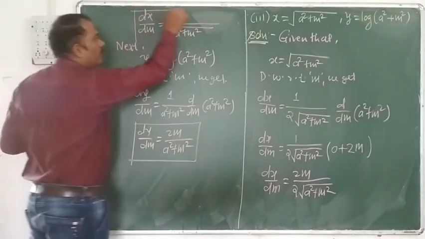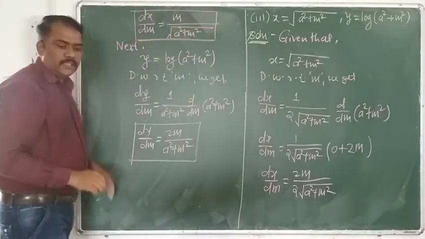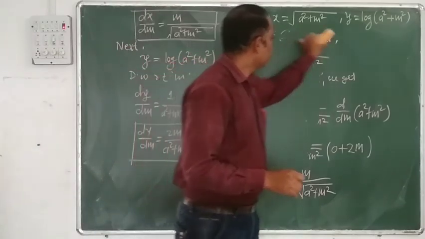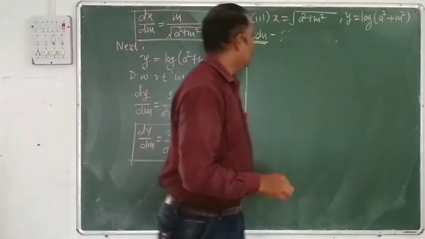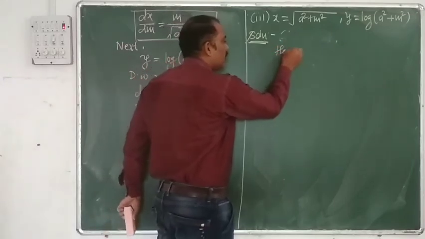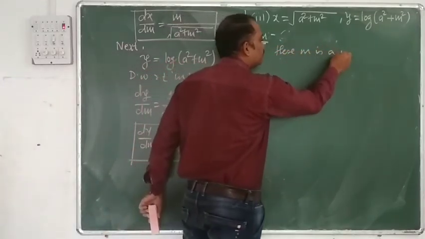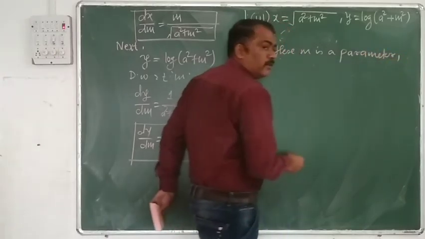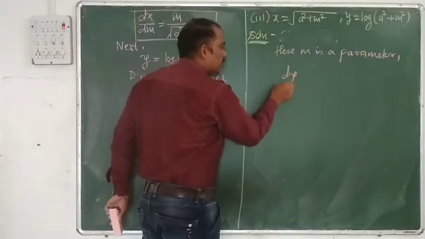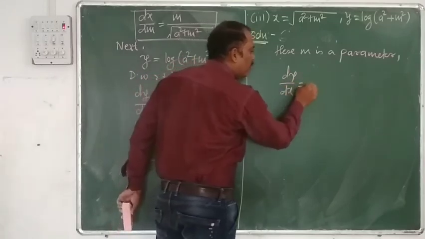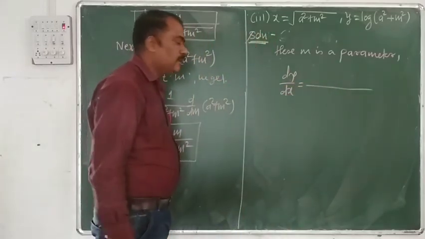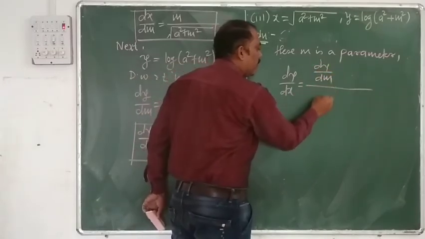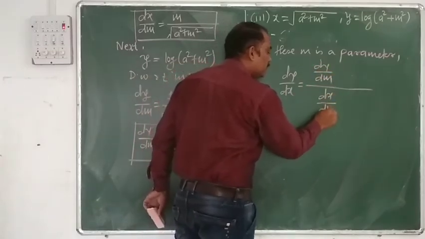This is the value of dx by dm. Here, what is the parameter? m is the parameter. So I will write the theorem: because we want to find the value of dy by dx using the derivatives of the parameter, dy by dx is dy by dm divided by dx by dm.